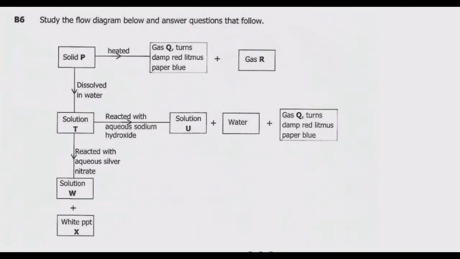Then when solution T is reacted with aqueous silver nitrate, it will give us solution W and the white precipitate X.